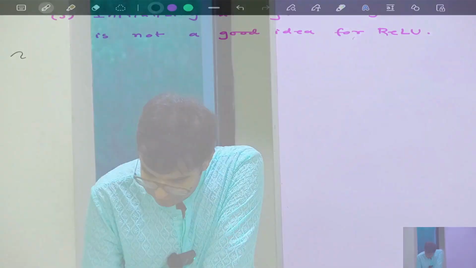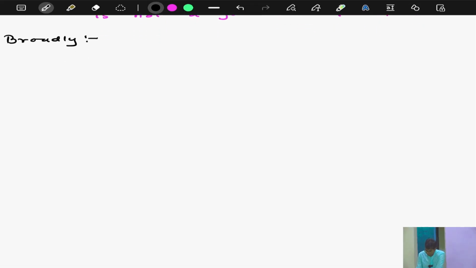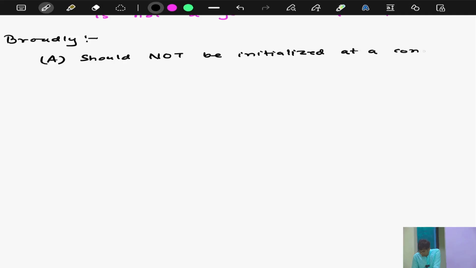So broadly, two observations. So the first observation is should not be initialized at a constant value.